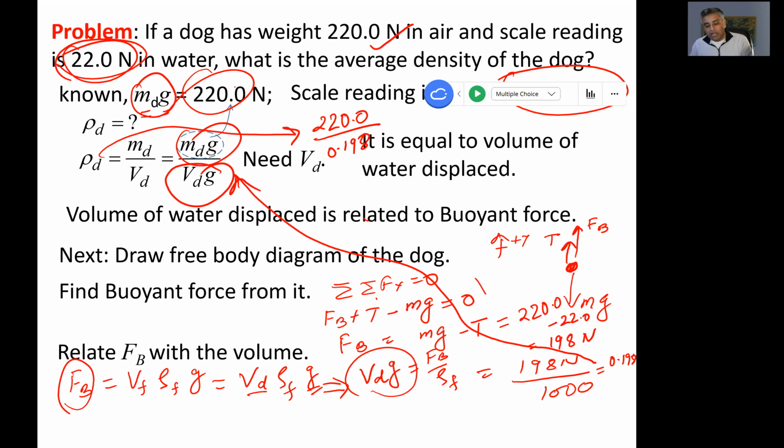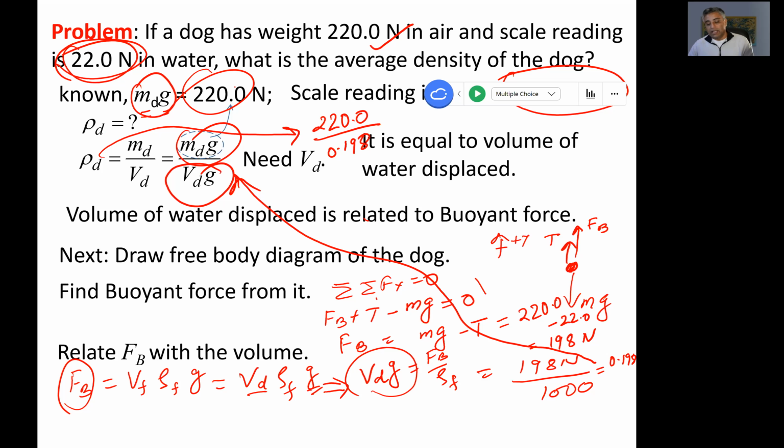So the dog is inside water, the dog is sinking. That means density of dog better be larger than density of water. We know density of water is 1000.